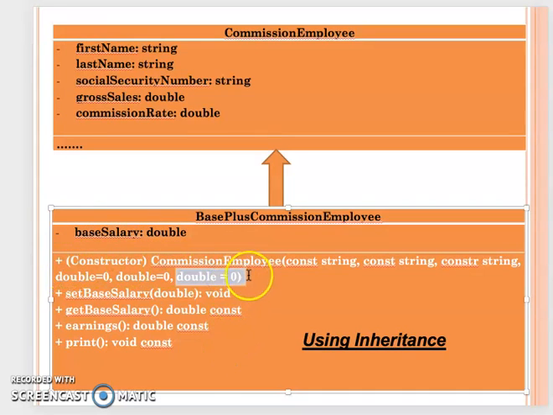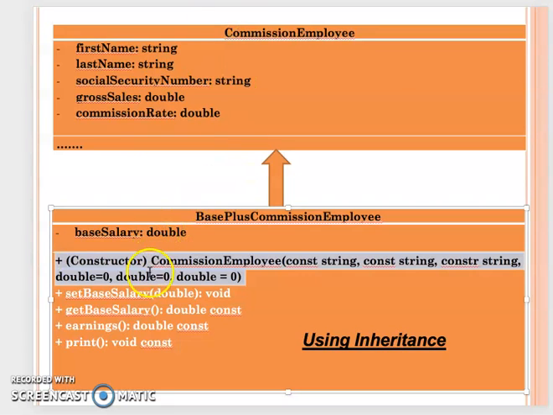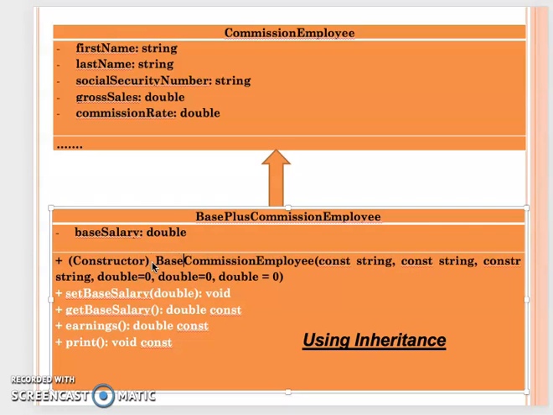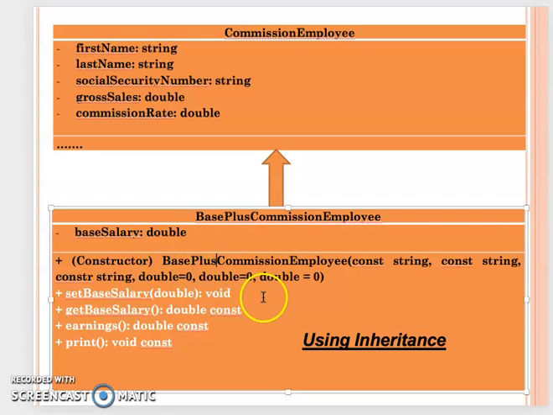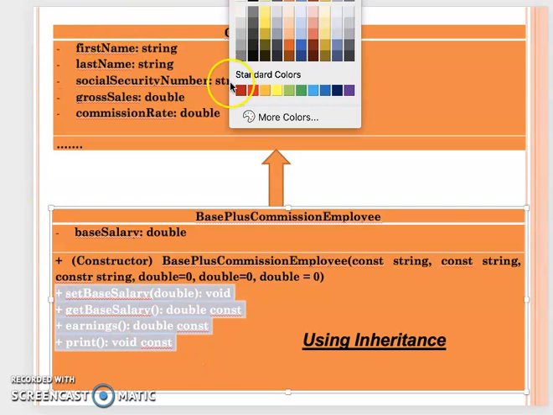The same thing with my constructor, right? I do still need to have my constructor. So here I spelled it wrong, that's base plus commission employee. I need to add 1 more data attribute for the base salary. That's just additional to our inheritance.